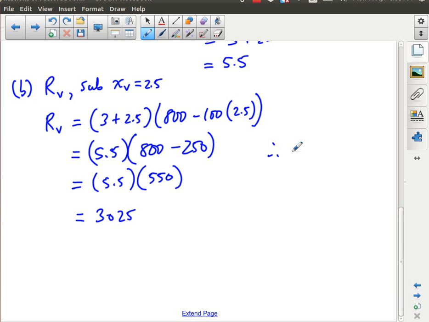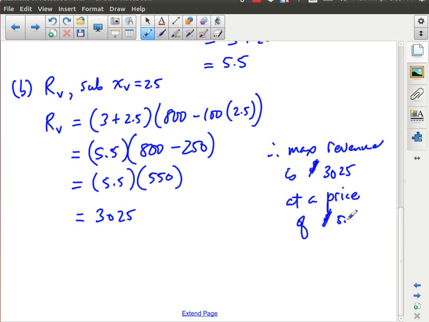So therefore my max revenue is 3025 at a price of, and what did we want? $5.50. Let me just rewrite that. It's all pretty messy. I apologize for that. $5.50. Okay, I think that might be it.